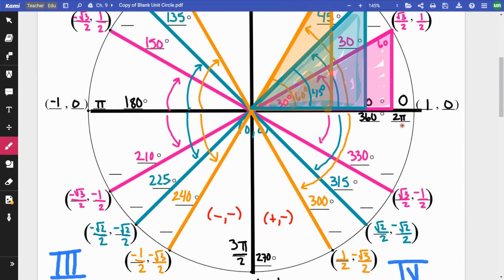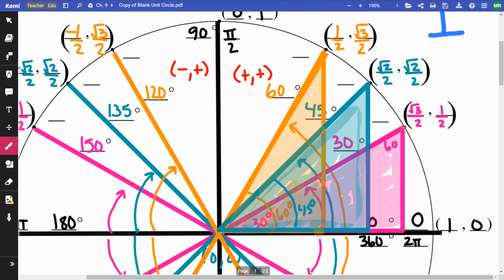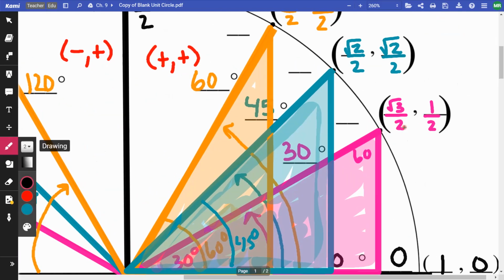Now, those were the nice ones, okay? These other ones, these pink ones were 30 degrees, right? How many 30s are in 180? So 30 goes into 180 6 times. So what this means is this, and I'm going to change it to pink here.